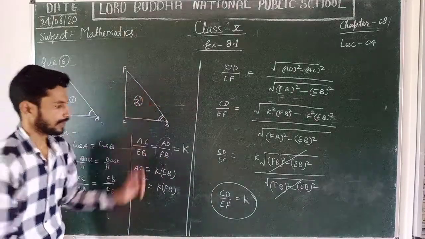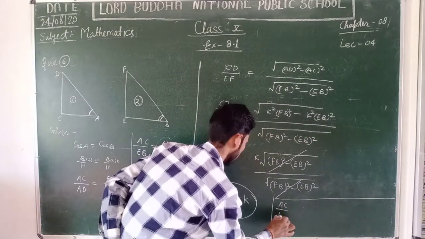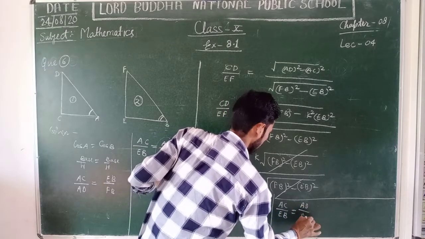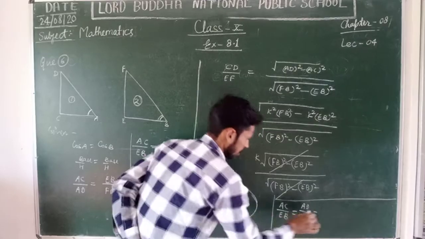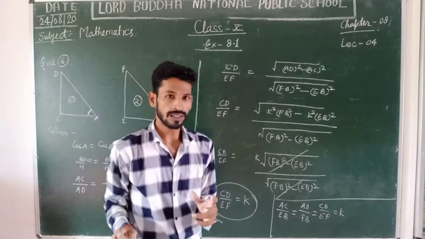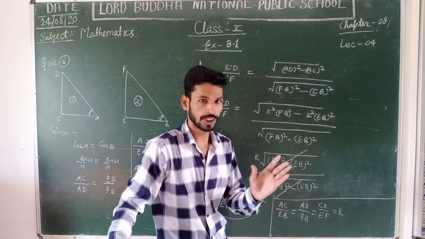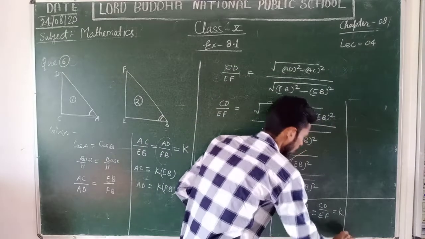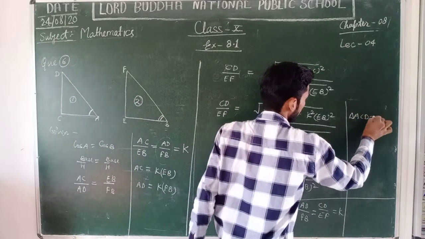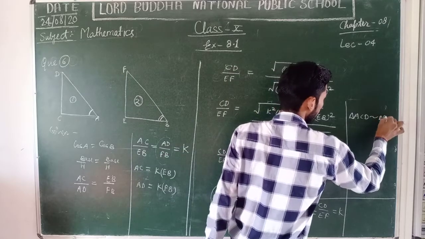Then we can say the relationship in these triangles is AC upon EB equals AD upon FB equals CD upon EF equals K. If in any two triangles the ratio of all sides are constant, then we can say triangle ACD is similar to triangle BEF.